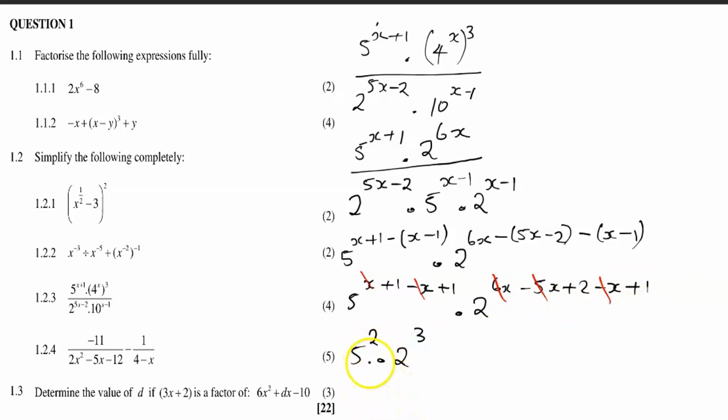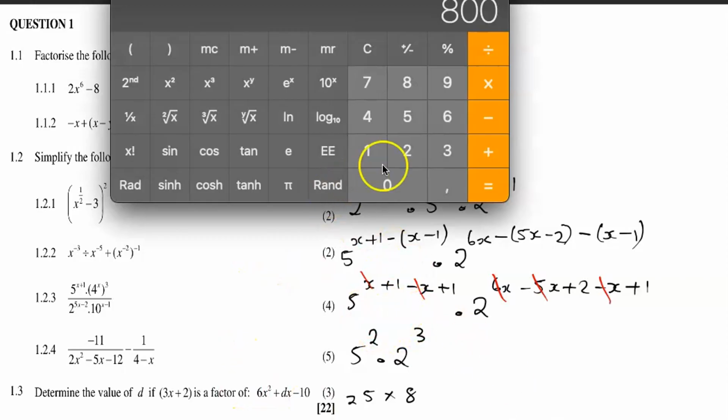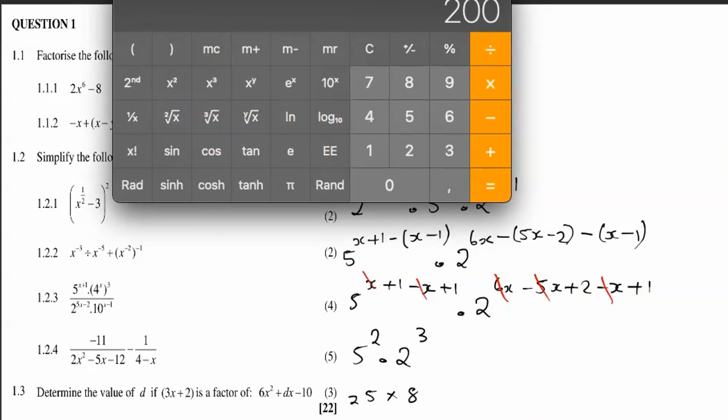And then from there, this is 25 multiplied by 8. And then 25 times 8, you can now just use your calculator and check the answer. So it's 25 multiplied by 8, it gives you 200. So that means your answer is actually 200.